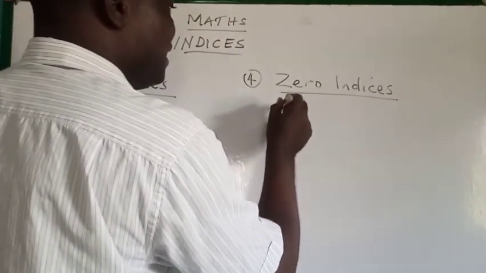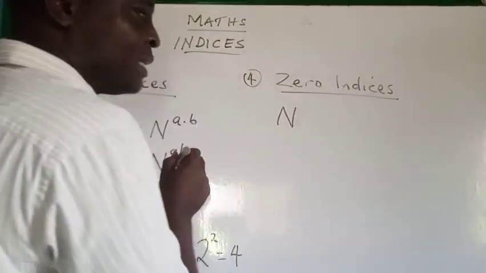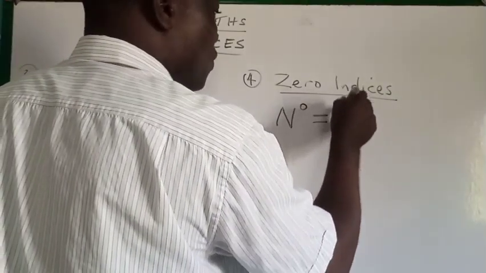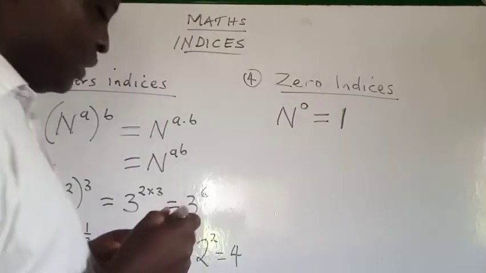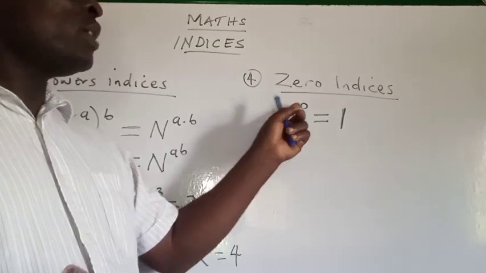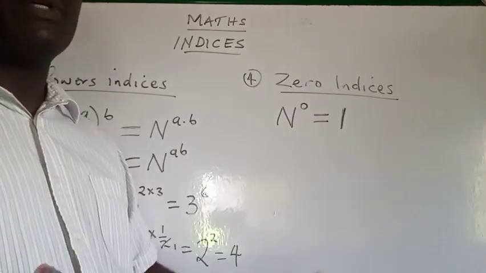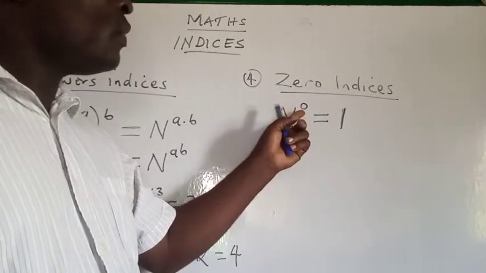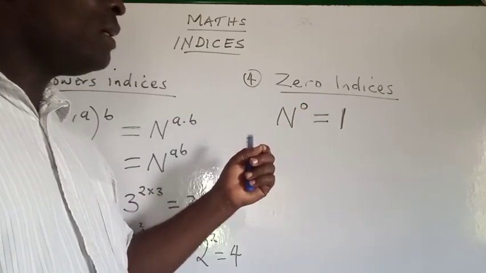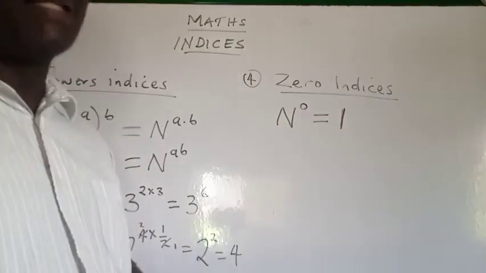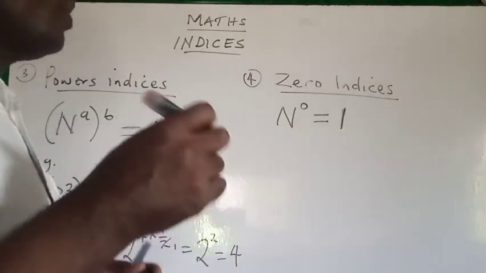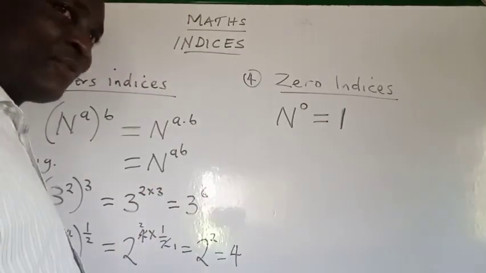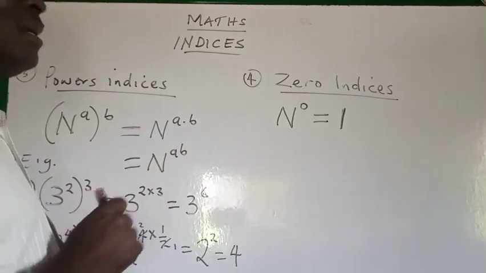This law says that any number, say for instance n raised to power 0, is equal to 1. It is a constant. It doesn't change. So if any number is raised to 0, the answer automatically becomes 1. How do we come about 0 as a power of a number being equal to 1? Let us prove that. We understand that when you divide any number by itself, it becomes 1.